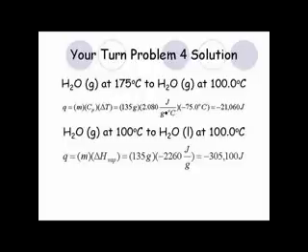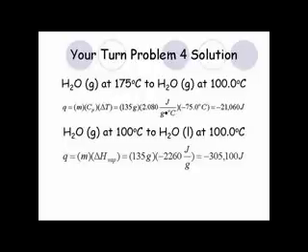Now that we have our steam at 100 degrees Celsius, we want to condense it to liquid water at 100 degrees Celsius. So our next step will involve an equation that relates the latent heat of vaporization with our mass to find heat. So we're going to take our 135 grams and multiply it times negative 2260 joules per gram.